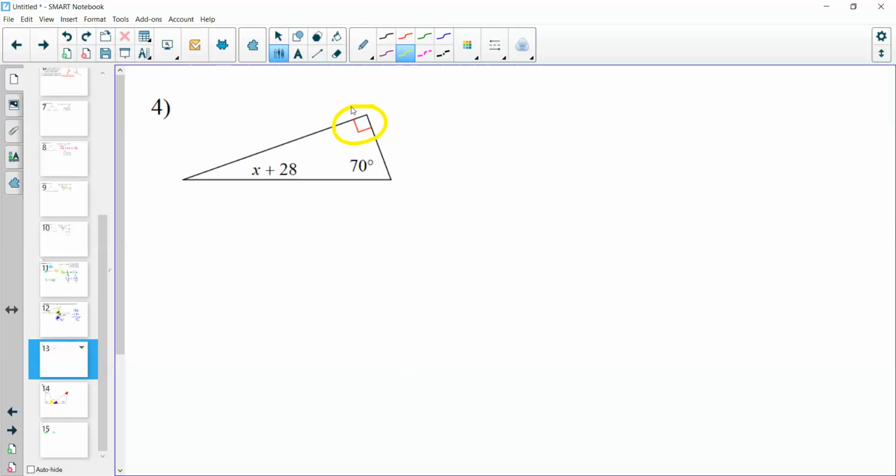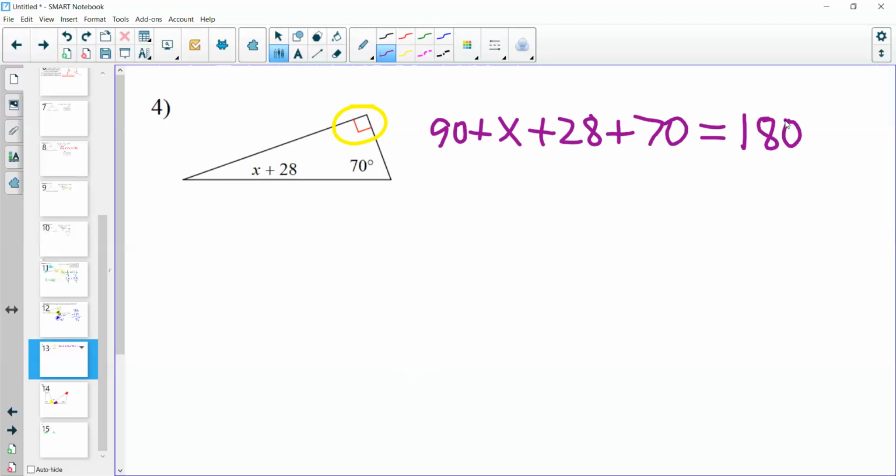Remember that the little box means that we are looking at a 90-degree angle there. So we'll put 90 plus x plus 28 plus 70 equals 180.